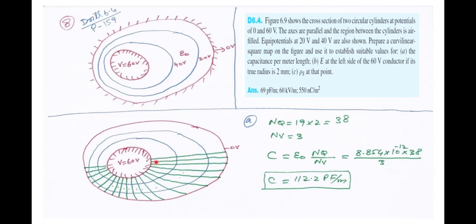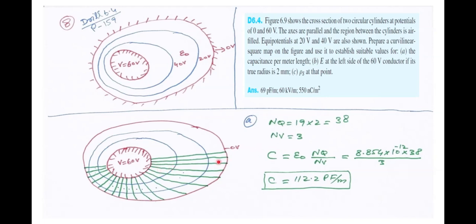Then draw the flux tubes, filling one of the big flux tubes with a large number of sub flux tubes. In this case, I have filled the lower flux tube with 19 flux tubes. As the big flux tubes are 2 in number, multiplying 19 by 2 we get the total number of flux tubes in the space between the two conducting sheets equal to 38.